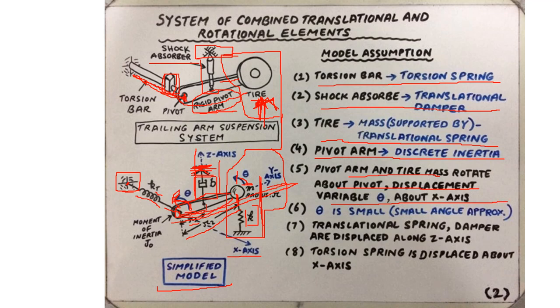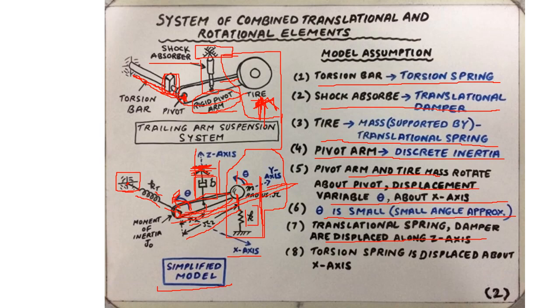An important assumption that we are going to take in this example is that theta is small. Hence, the small angle approximation can be established. The translational spring and the damper are going to be displaced along the z-axis. But we have to be a bit careful here because, like we said, as the pivot arm moves, it primarily exhibits a rotational motion, and the pivot arm is connected to both the translational spring and indirectly to the translational damper.